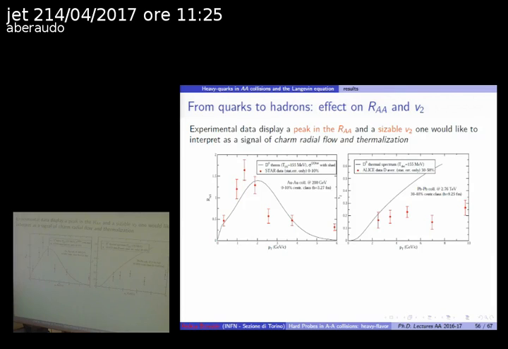So you would like to understand whether this can be a signature of the fact that the charm, propagating in the medium, has reached full thermal equilibrium with the medium, so that it has acquired the collective flow of the medium. So it has this collective radial flow and also this asymmetric flow in the azimuthal plane. The interpretation would be that charm flows together with the medium, which has this collective behavior.